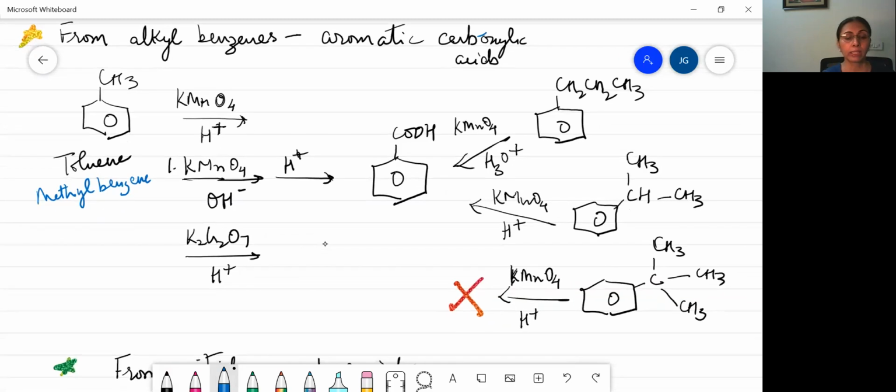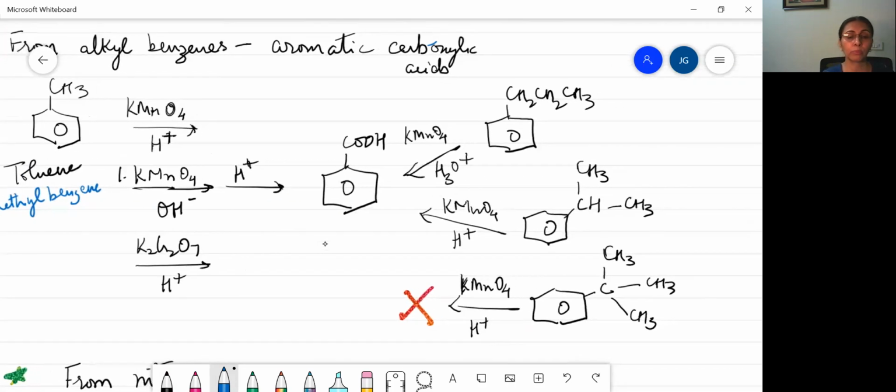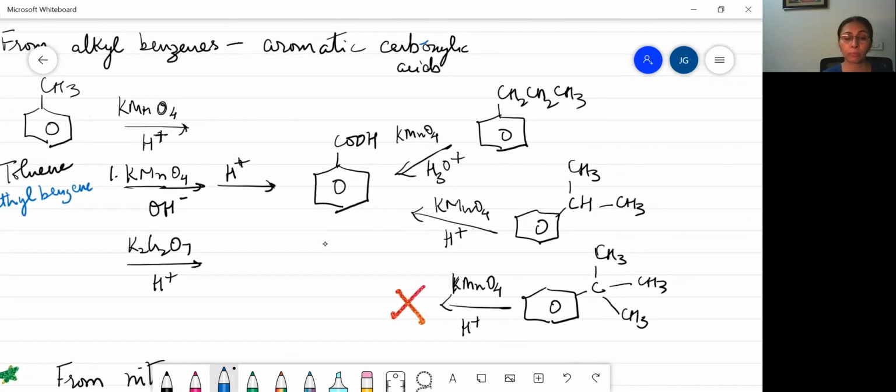This can also be prepared if you have a longer side chain. Instead of a methyl group, you might have a propyl group, a primary alkyl group, or you might have a secondary alkyl group. This also upon oxidation will give you carboxylic acid. The rest of the carbon atoms will be removed, so you're left with carboxylic acid.